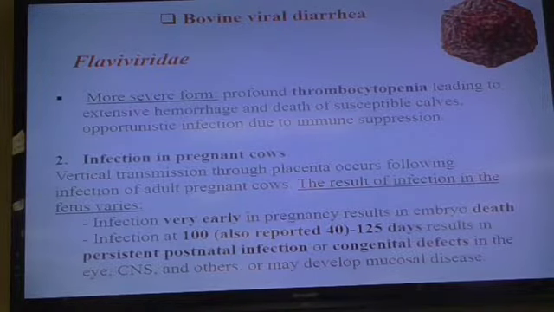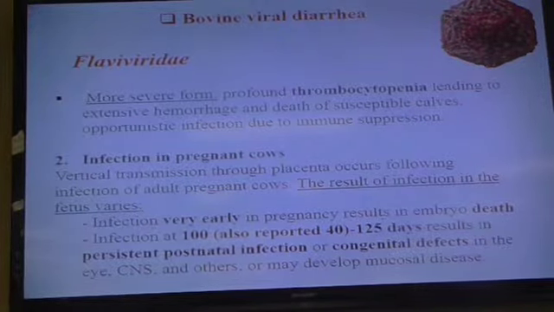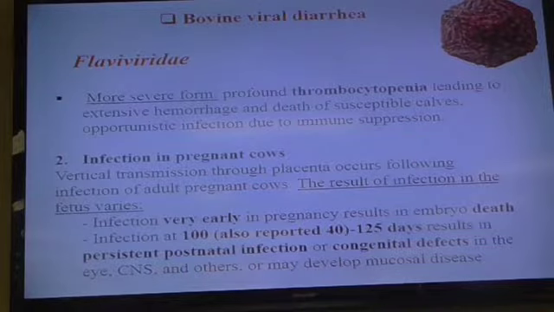If the infection occurs between 100 and 125 days, and sometimes it's reported as 40 days to 125 days, it results in persistently infected calves. So we need to know when we have persistently infected calves and when we have congenital defects and when we have the other signs.